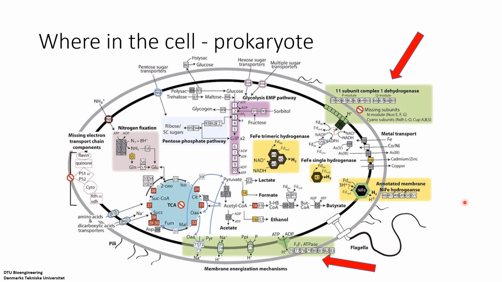So this was a eukaryotic cell. In the prokaryotes, as you know, there are no mitochondria. So where is it situated here? Well, first of all, we have the subunits of the complex 1 dehydrogenase, which is situated up here. We have a couple of the complexes actually linked together in this area, as you see up here on your right-hand side.